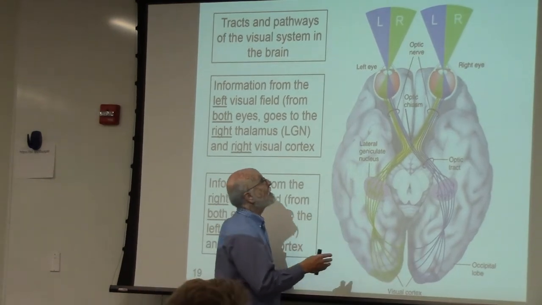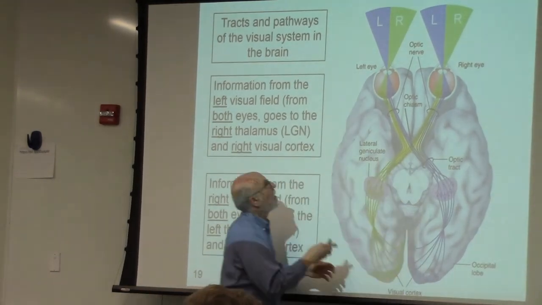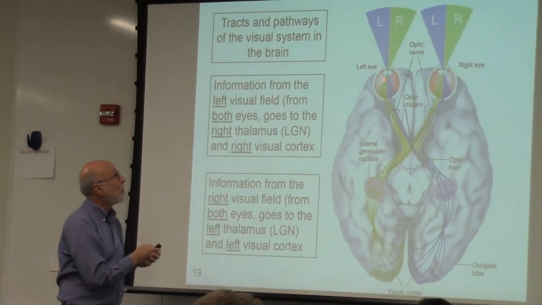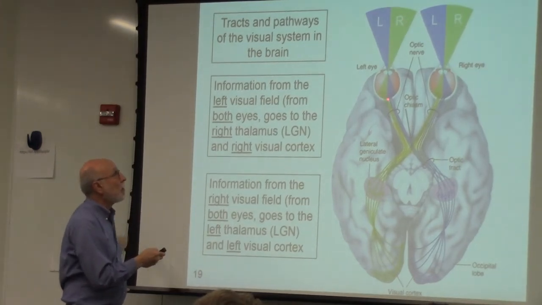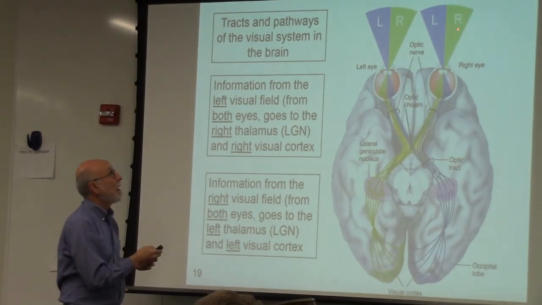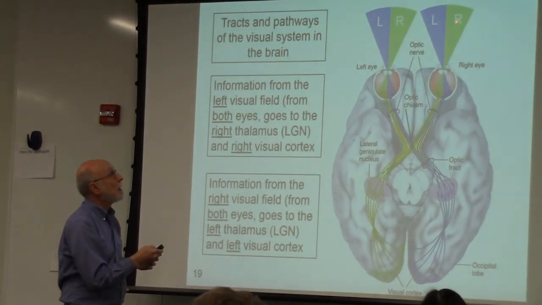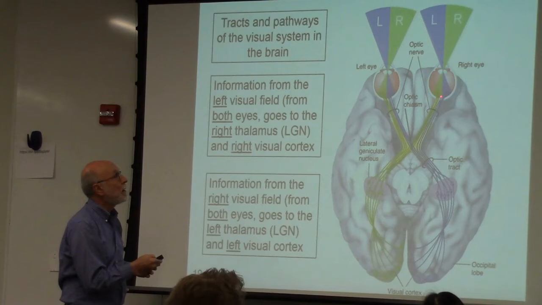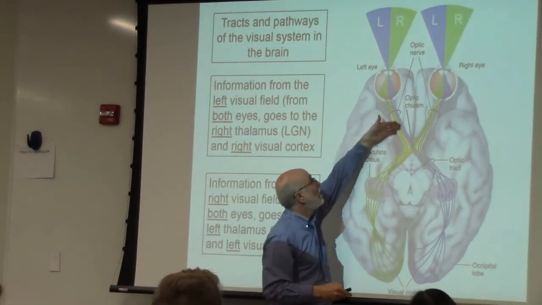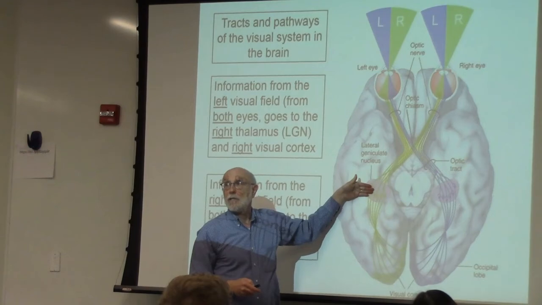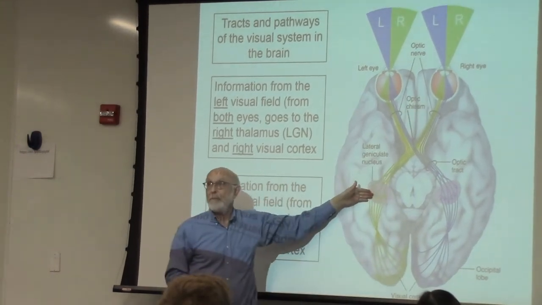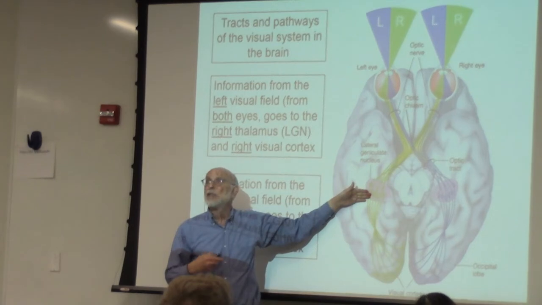Now, to do this, you can see that the right visual field is focused on the lateral retina of the left eye, and the right visual field is focused on the medial retina of the right eye. So the lateral retina axons don't cross, and the medial ganglion cell axons do.